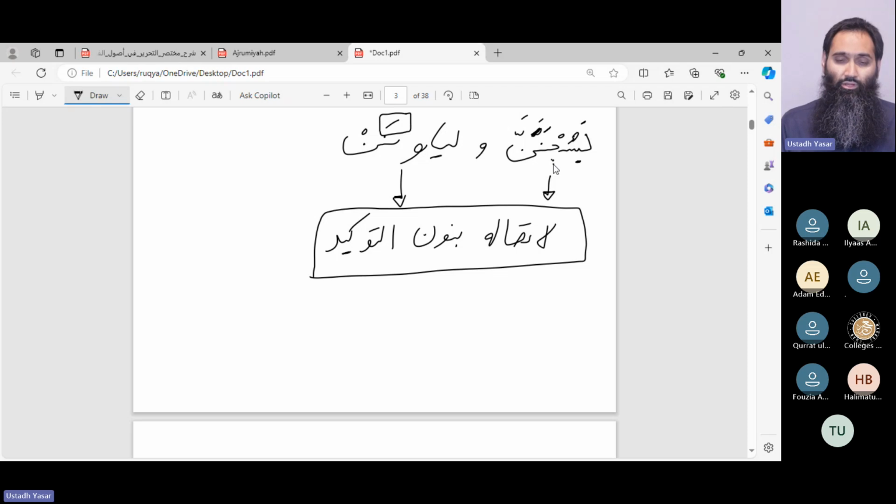The main thing is نون التوكيد. So that is why the author has mentioned that ayah, لا يسجنن ولا يكون من الصاغرين. Okay, so that should be clear.